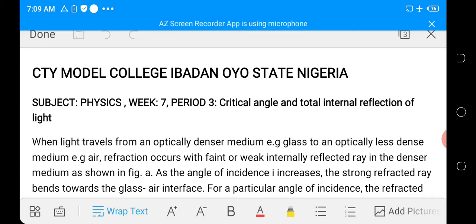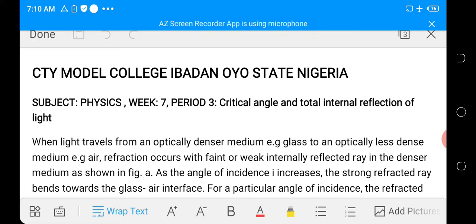We also give refractive index in terms of the angle of minimum deviation and the refracting angle of a triangular glass prism, where the refractive index is given as the sine of half of (D plus A) over the sine of half angle A. Now, today we want to look at critical angle and total internal reflection.